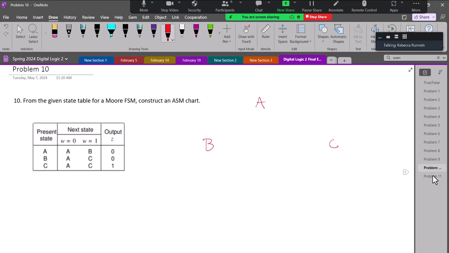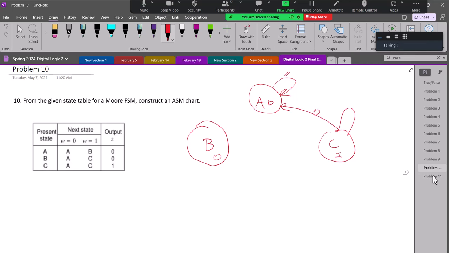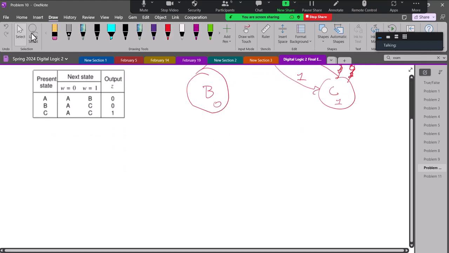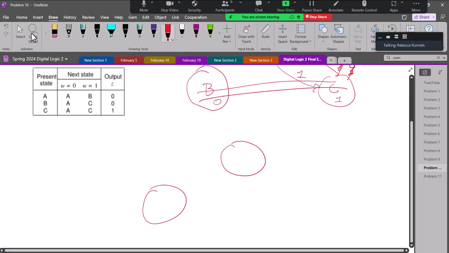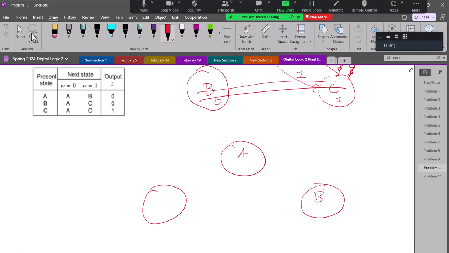I thought it was easiest first to do a state diagram. So I had A, B, and C, with outputs 0, 1, 0.